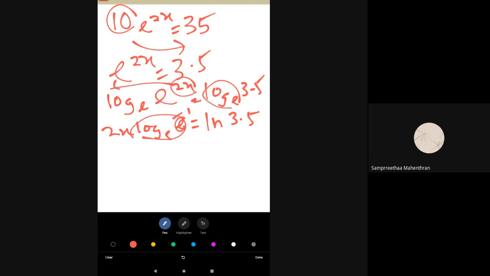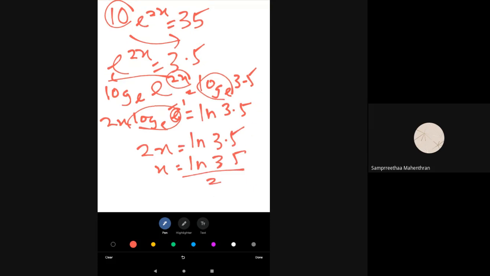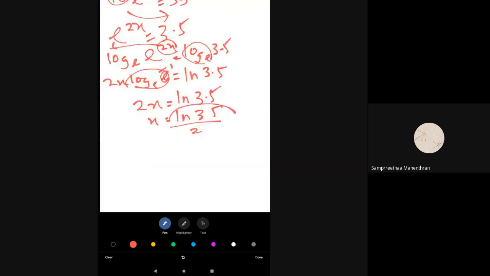So 2x times 1 is 2x. 2x equals ln 3.5. Then x is ln 3.5 over 2. So use your calculator, press ln 3.5 over 2, and you will get the answer 0.626. Okay, Saprita.